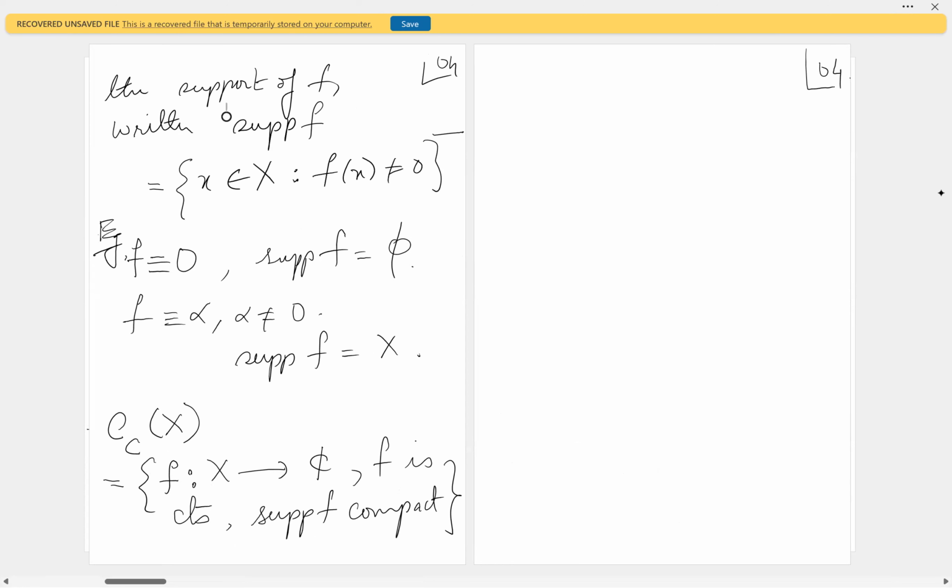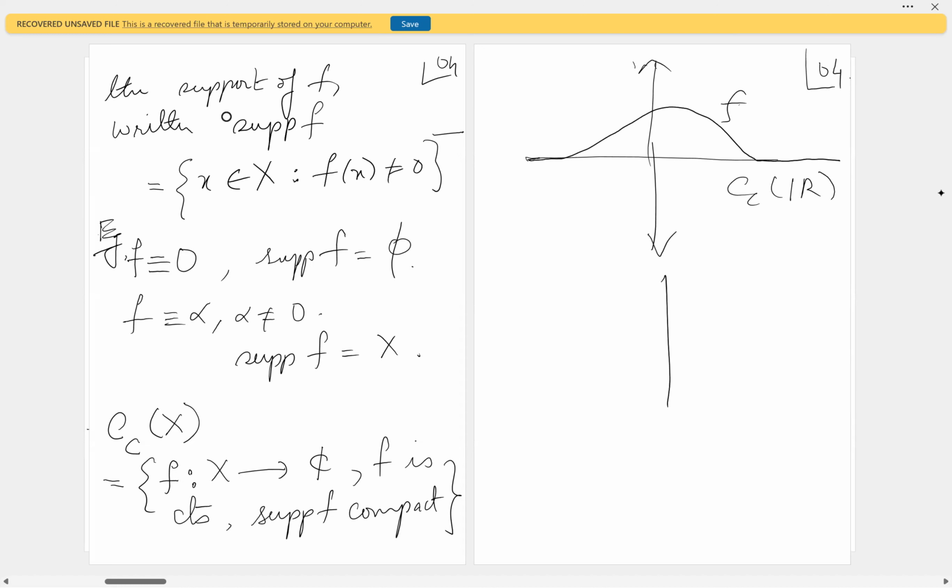So what are the kind of elements in C_c(X)? Maybe if I take X to be R, anything like this. Slope is not right. Such functions will be in C_c(R).